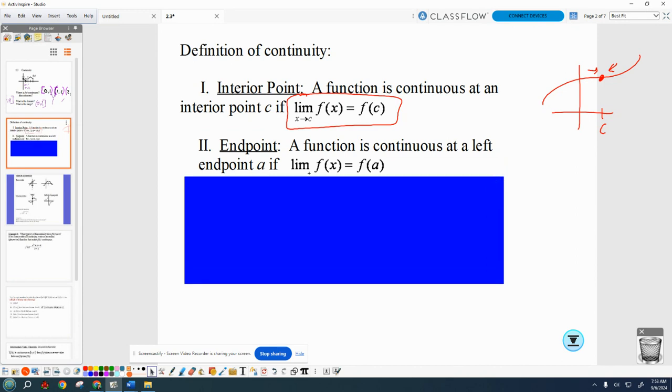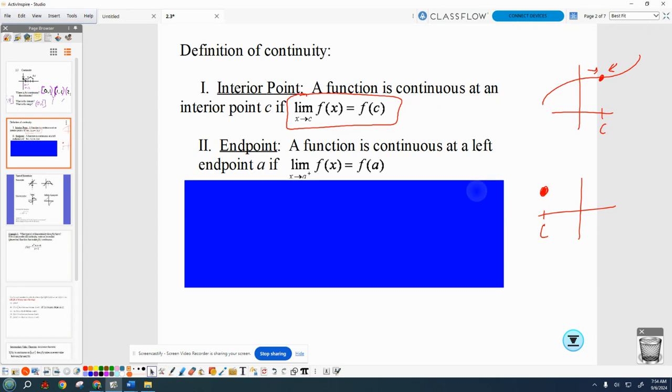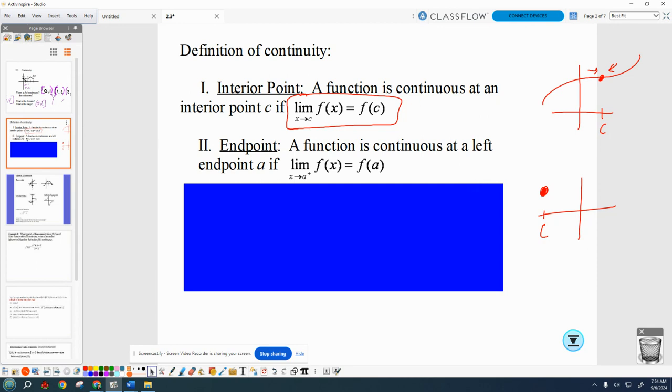Alright, so at a left endpoint, over here, it says if we're coming at A from the right, and it goes to where the function is expected to be, then we're going to say it's continuous at the endpoint.